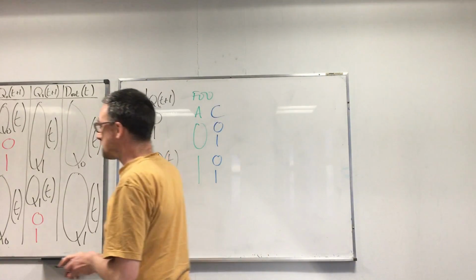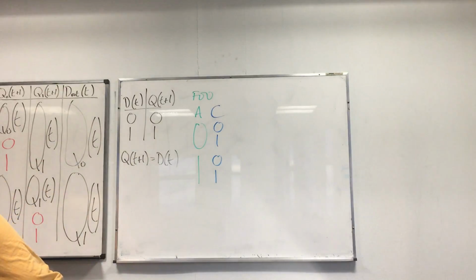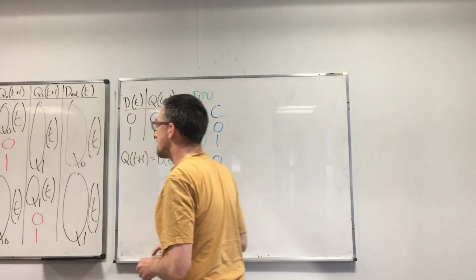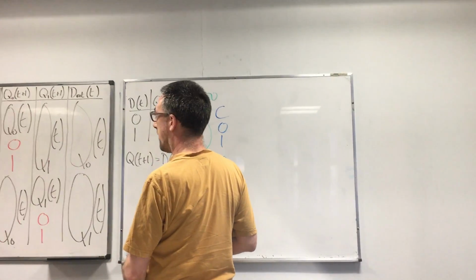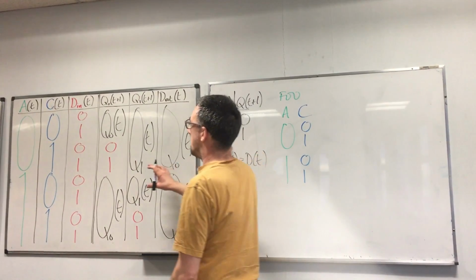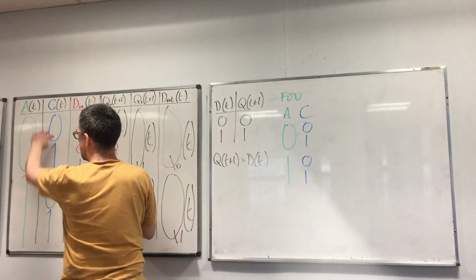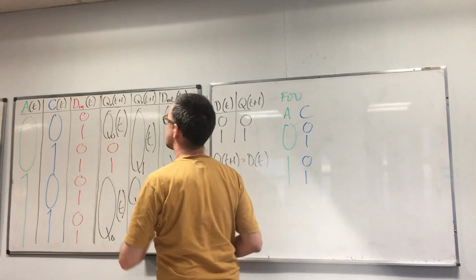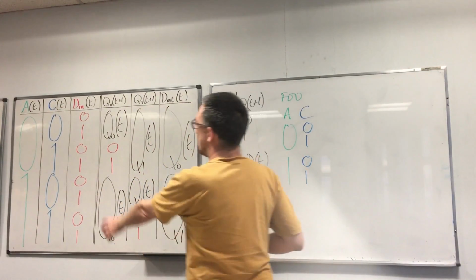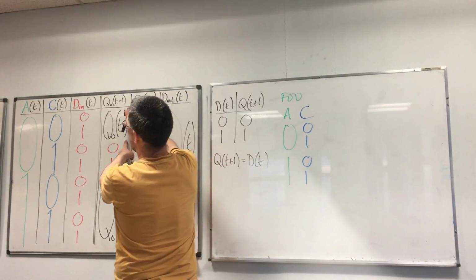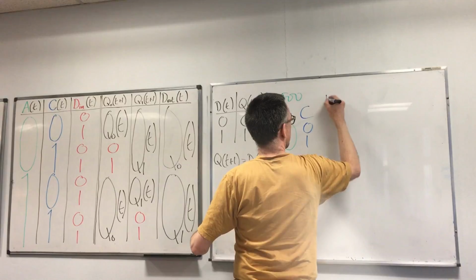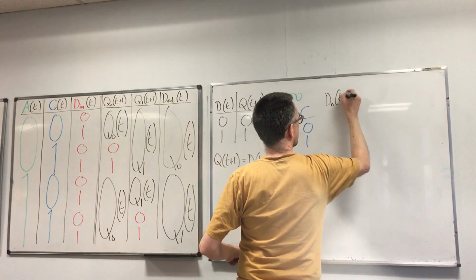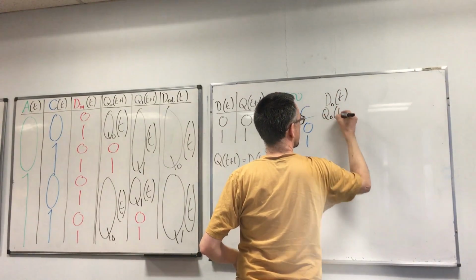And let's figure out what foo needs to do. The characteristic table will help us. We're looking at each of these pairs of lines. We need Q0 of t plus 1. Foo is basically controlling D0 of t, and thus Q0 of t plus 1.